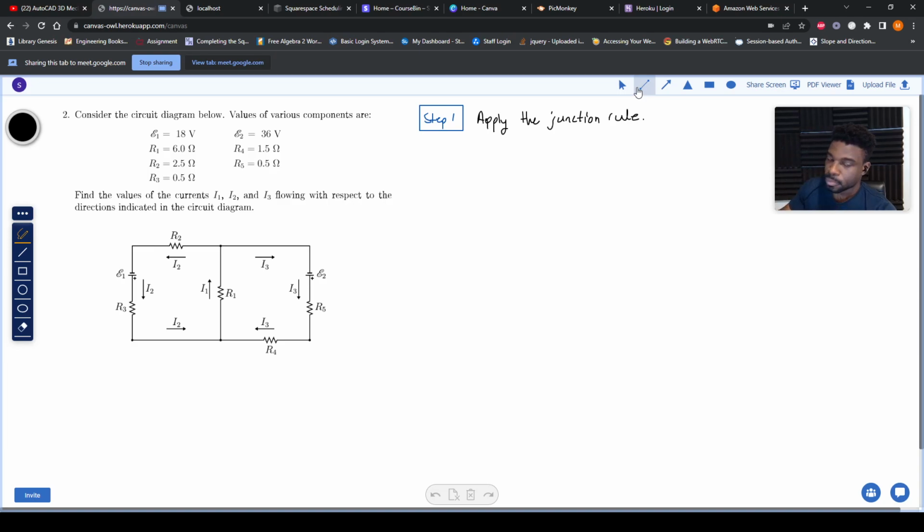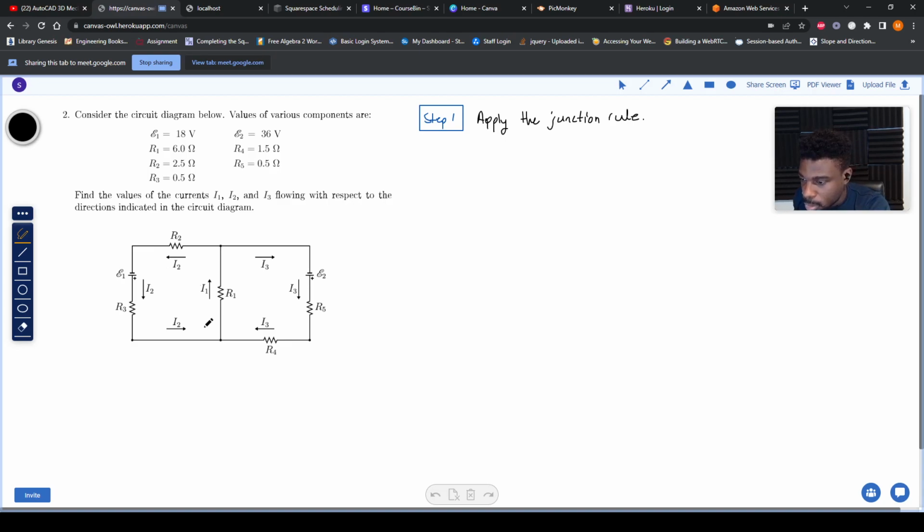Now, the junction rule states that if you look at a junction in a circuit, a junction being a connection between multiple wires, the sum of all the currents going into that junction is equal to the sum of all the currents flowing out of that junction.